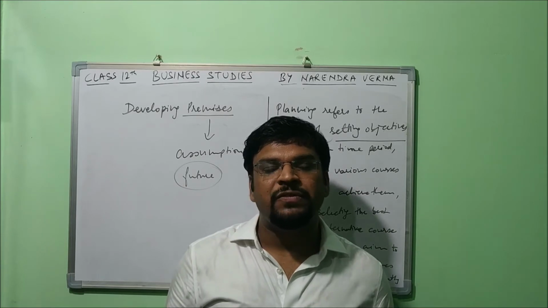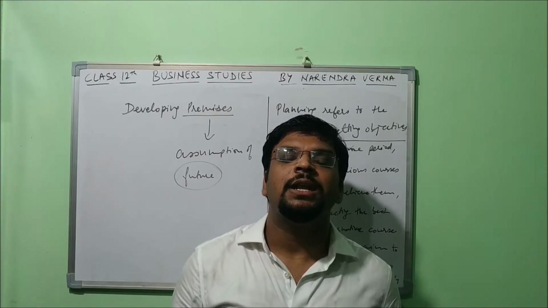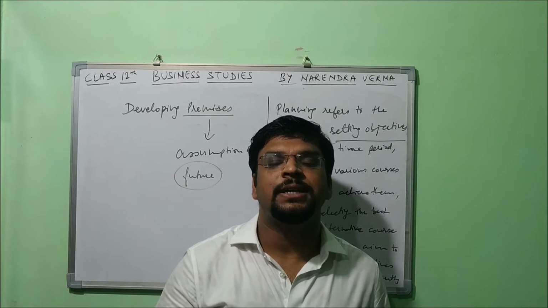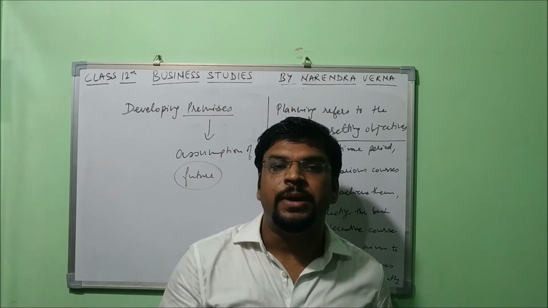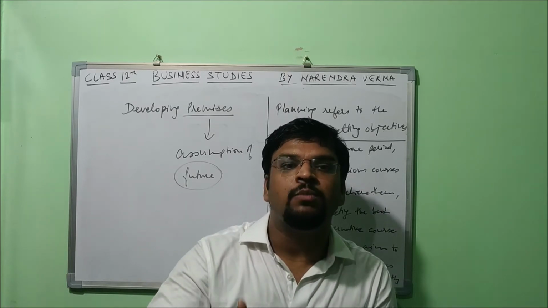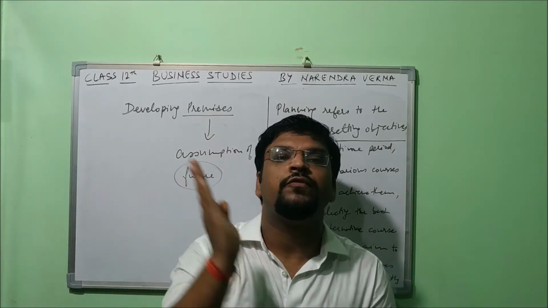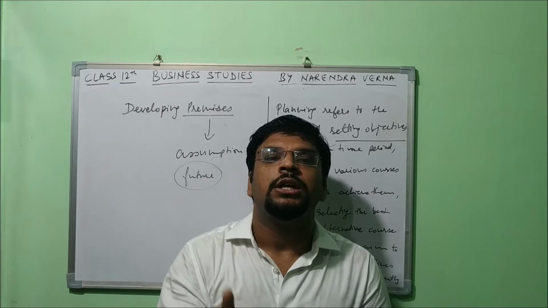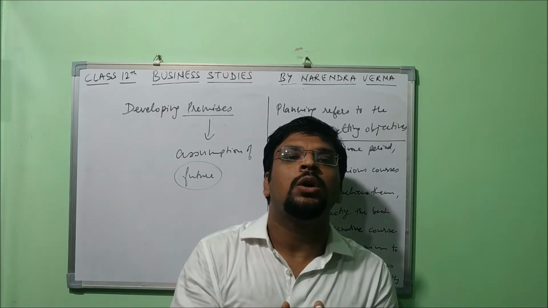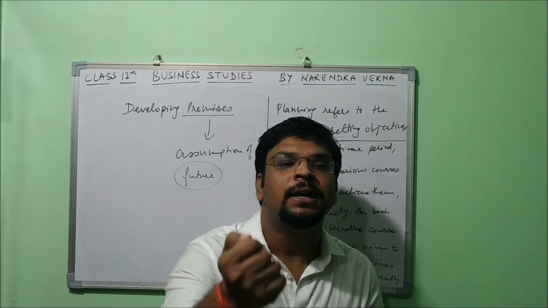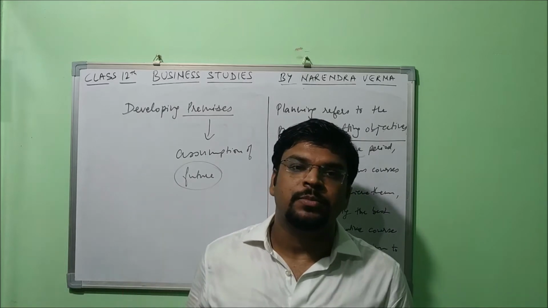So when we do planning for future, then we have to make certain assumptions. Basing on those, we can move further, right? So these assumptions of future on which the planning can be thought or can be moved ahead are known as premises.